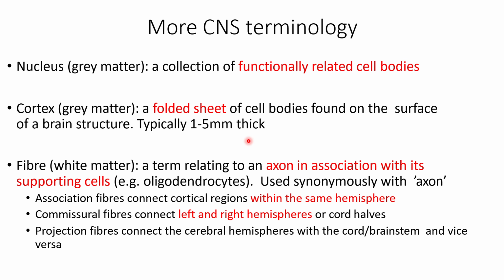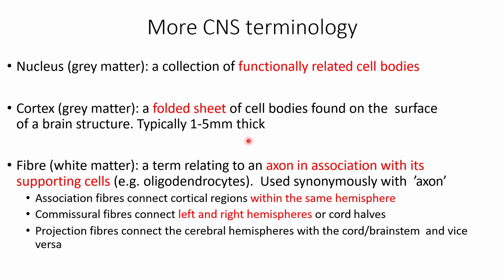Finally, a fibre, this being a white matter term, is a term relating to an axon with its supporting cells. So for example, a central nervous system axon surrounded by myelin sheaths made by oligodendrocytes can be considered to be a fibre. And we frequently use the term fibre synonymously with axon, although axon, strictly speaking, refers just to the axon and not to the supporting cells.